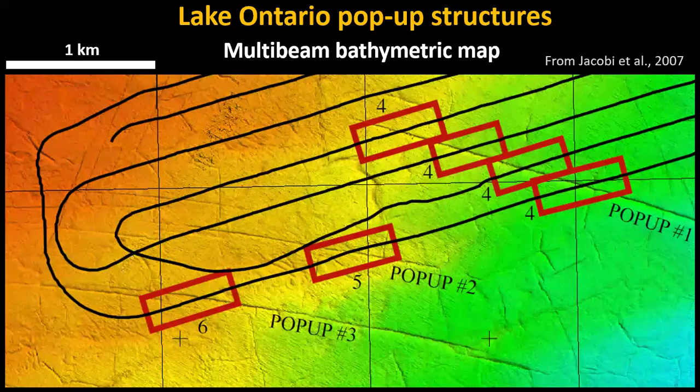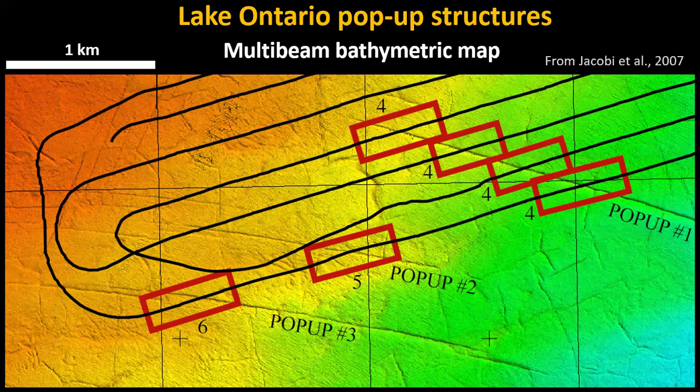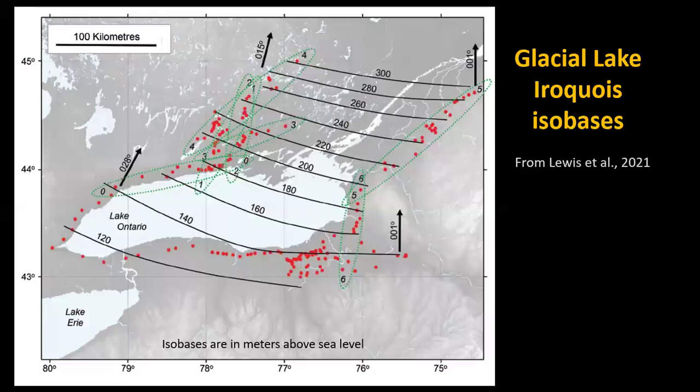In this enlargement of the map, you can see pop-ups with multiple orientations. The ones labeled 1, 2, and 3 are roughly parallel and are the oldest of the pop-ups. Younger pop-ups have different and more variable orientations. The older pop-ups are more or less parallel to isobases from glacial Lake Iroquois and were thought to have formed by glacial loading, such as in the area of a peripheral bulge.